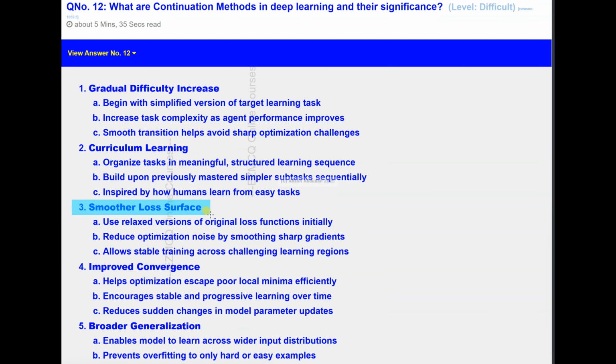Then smoother loss surface. If simplified or smoothed loss functions are used early on, this stabilizes the gradients and avoids poor learning dynamics in early training. So let's take a look at this concept.